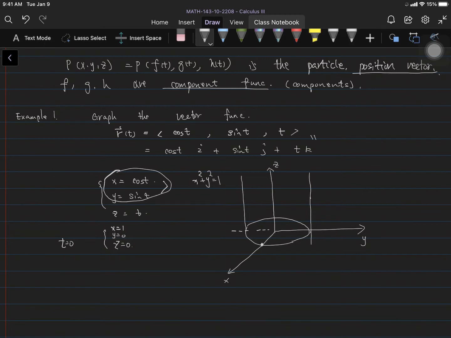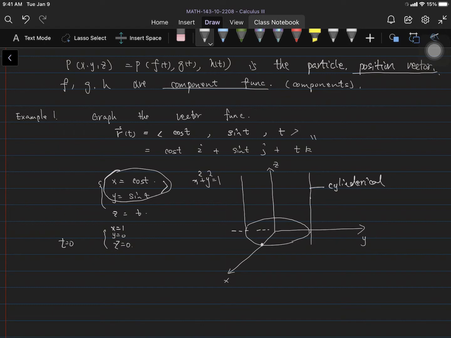This is the start point. And then when t goes up, x, y always need to satisfy the circle, so that means the point has to be on the cylinder.